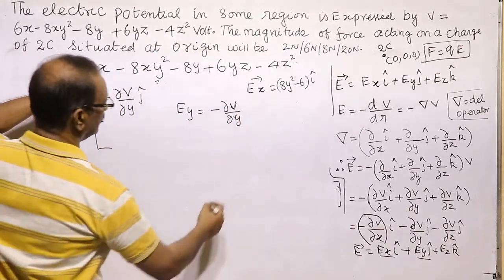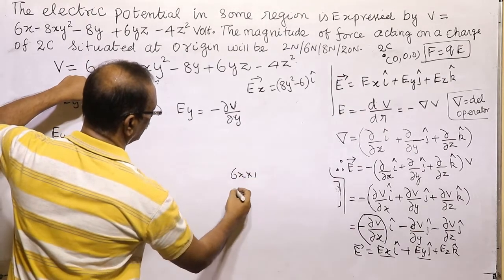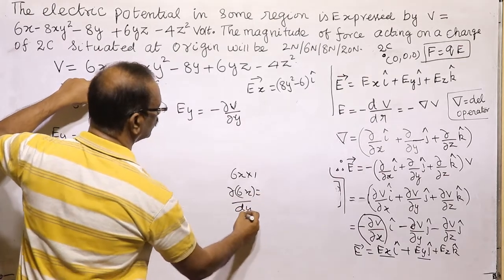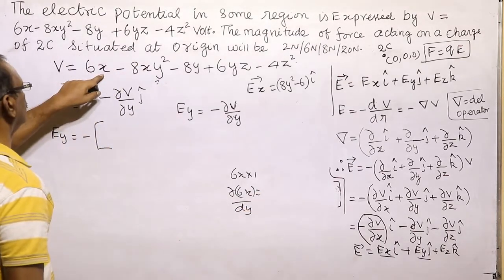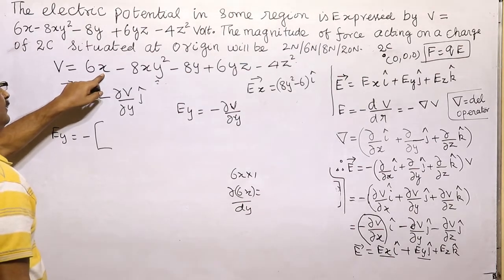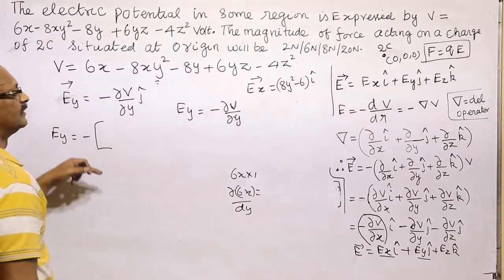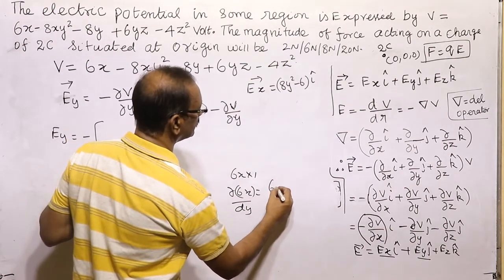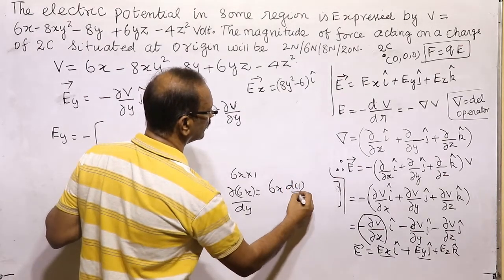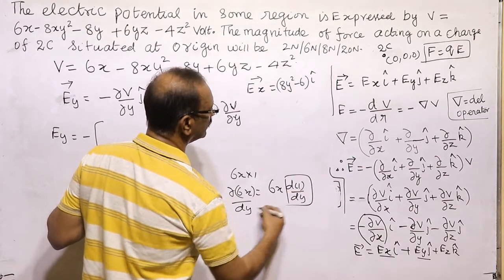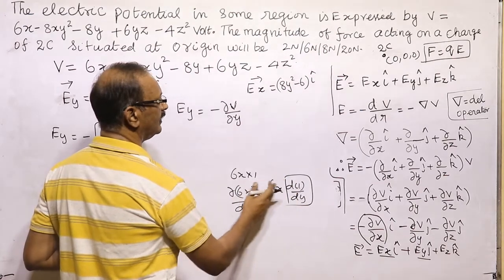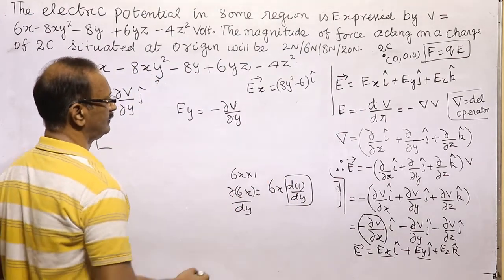We keep 6x as constant, because 6 is constant and x is also constant when we are doing the partial derivative with respect to y. So this is 6x into differentiation of 1 with respect to y, after taking the constant to the other side, so this becomes 1.